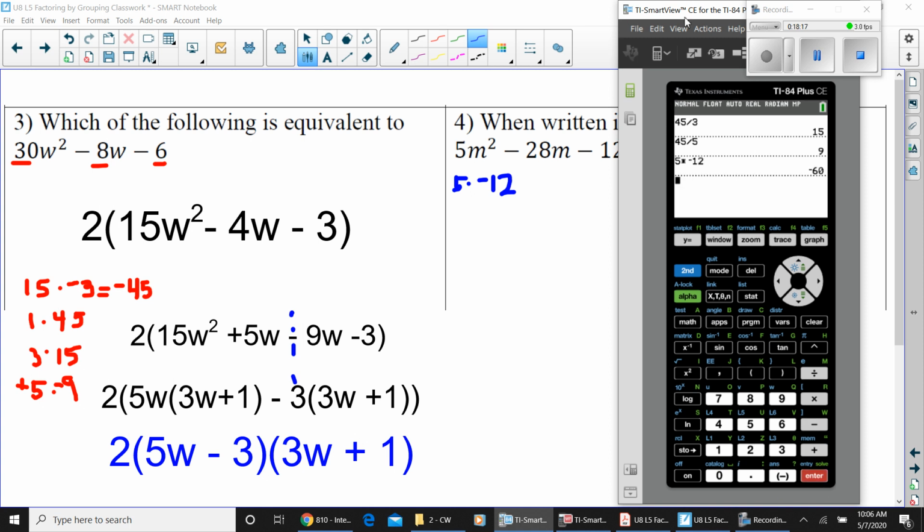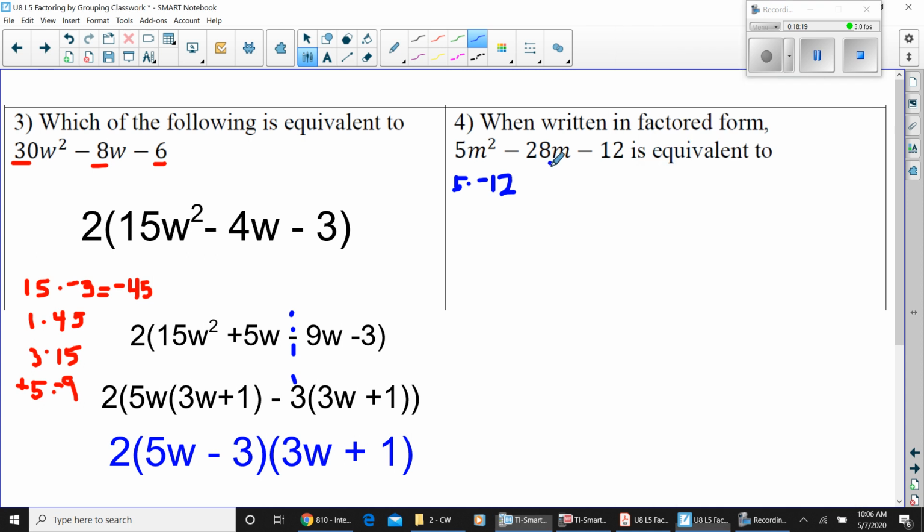And always use that calculator, so it's negative 60. So now you have to find two numbers that multiply to negative 60 and that add or subtract to negative 28. And 1 and 60, not going to do it.